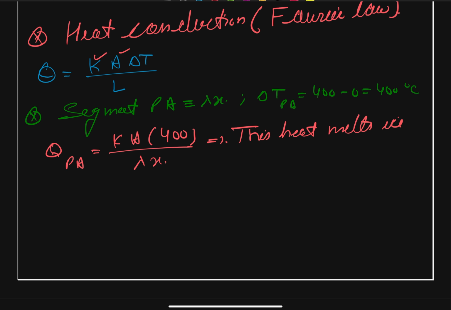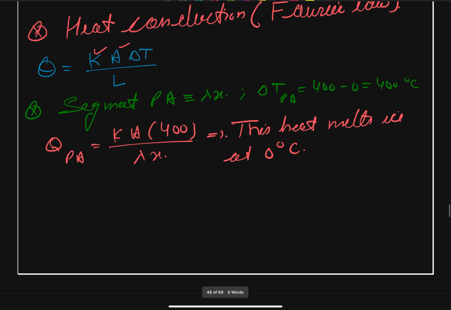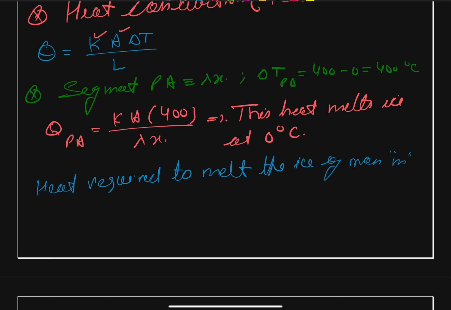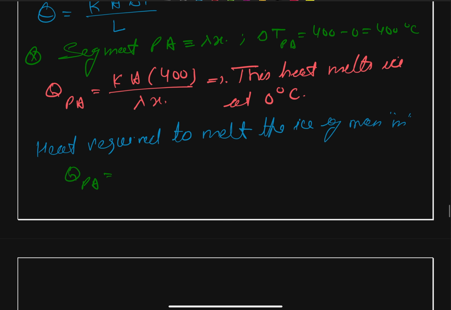Therefore, we can write that Q PA, the heat required to melt the ice of mass m, will be equal to mass m and latent heat of fusion, which is given to us as 80.